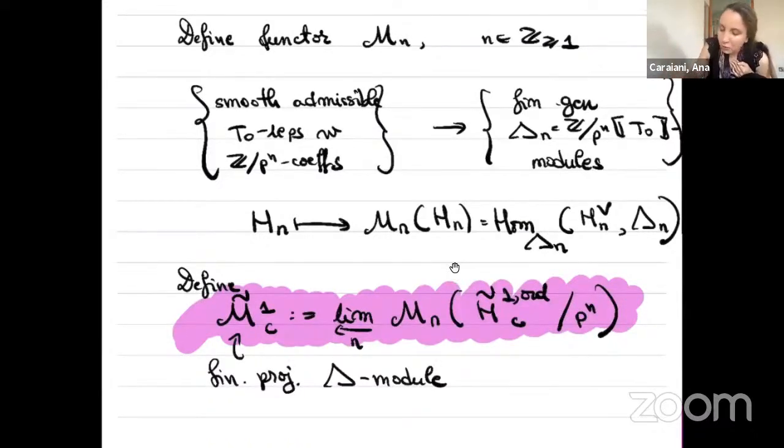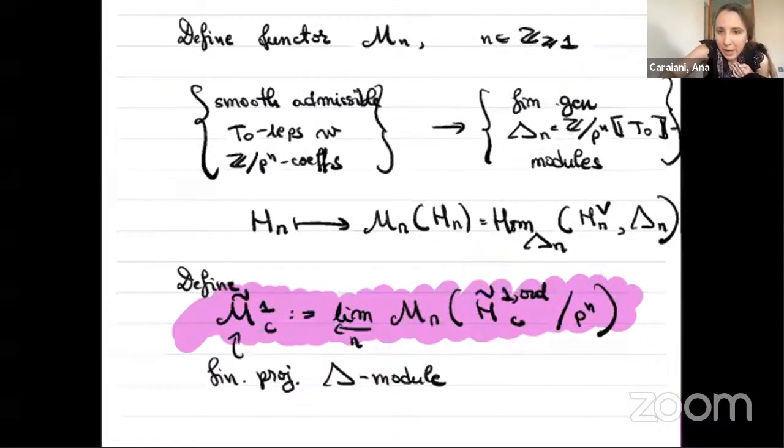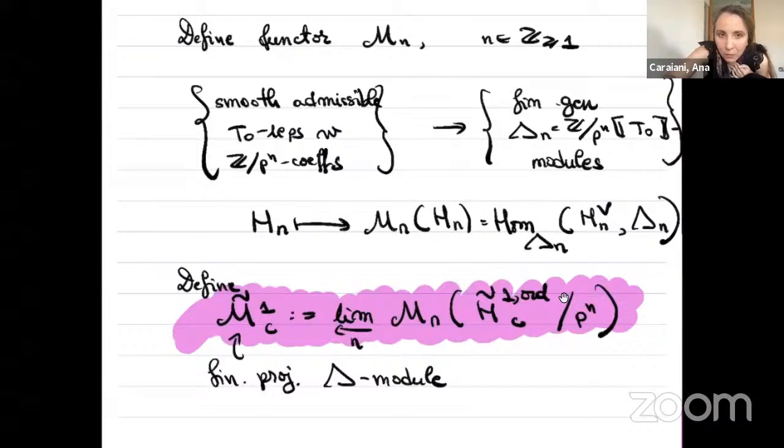It's just some duality that will turn out to be convenient for comparing to the p-adic families that one obtains on the coherent side. All right, and I think that now I want to move to talking about the coherent side, unless there are some questions about the Betti or the étale side.